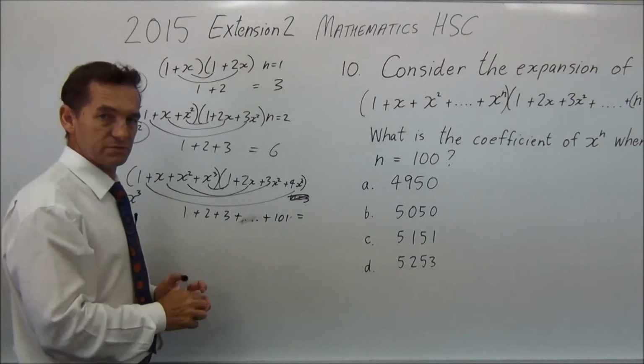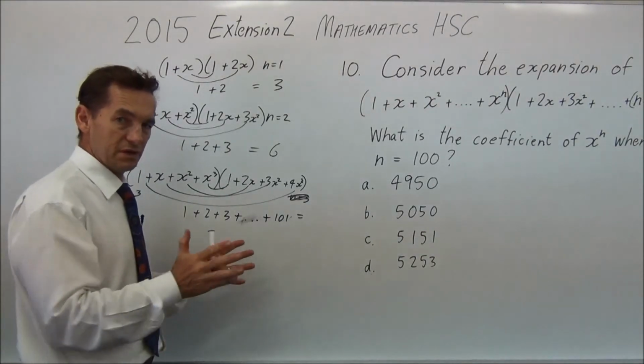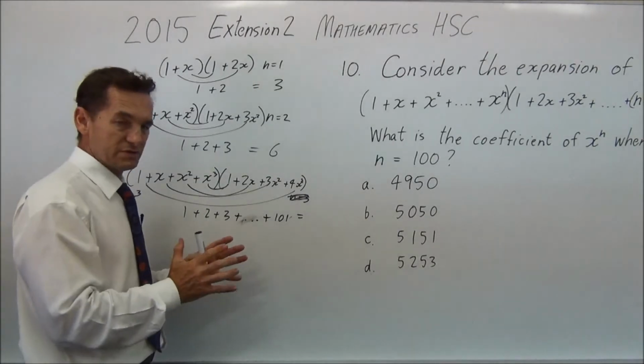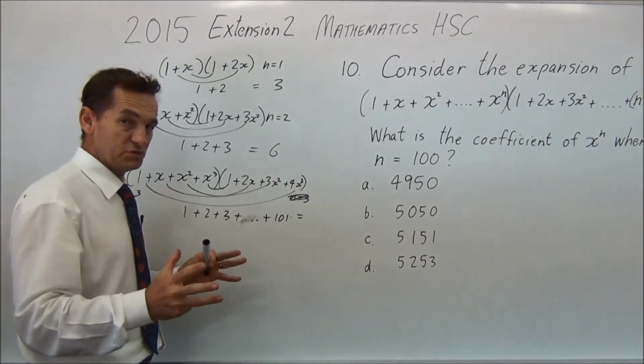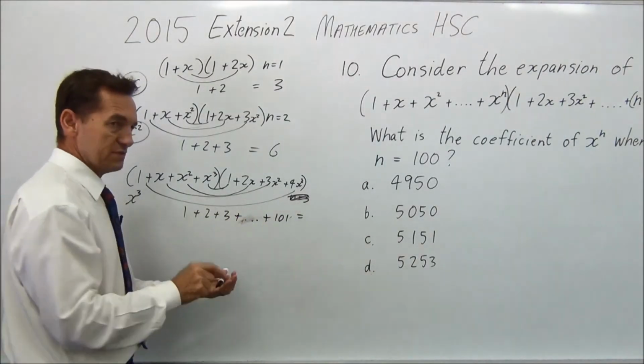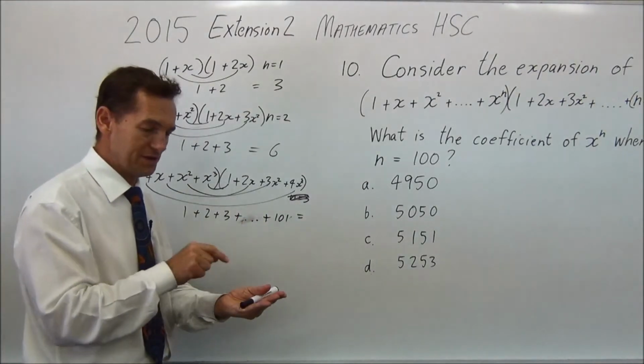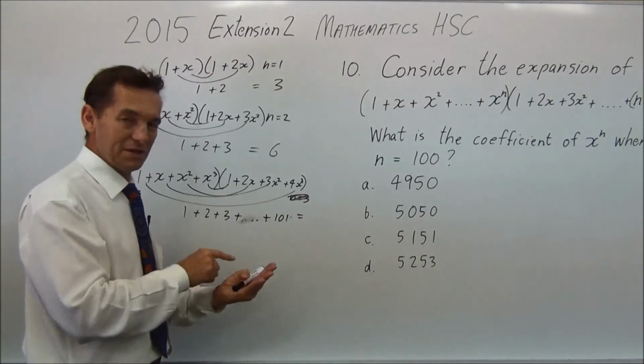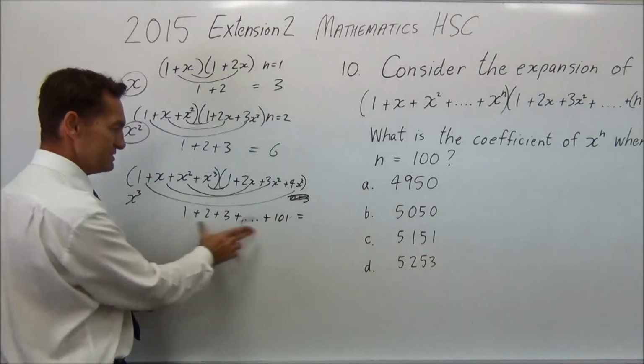What I would tend to do is use a Gaussian equation, which you probably should be aware of. If you're looking at these numbers, 1 plus 2 plus 3, unfortunately there's no button on your calculator for this sum. There's one for factorial, but not for this.